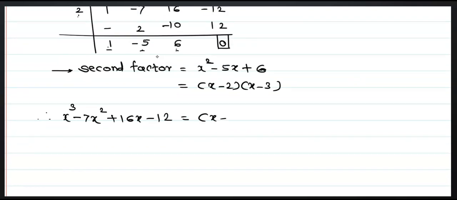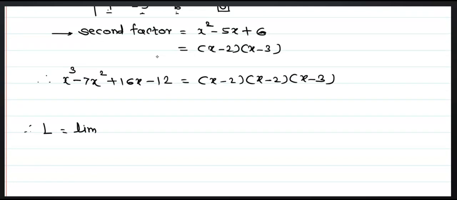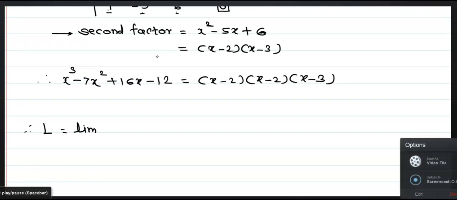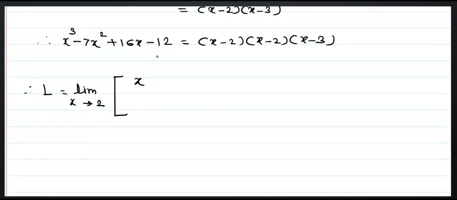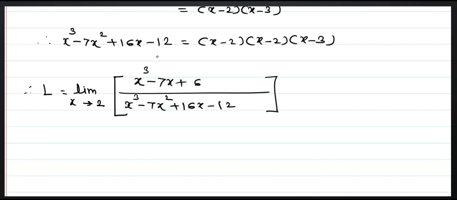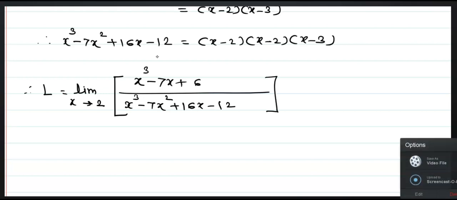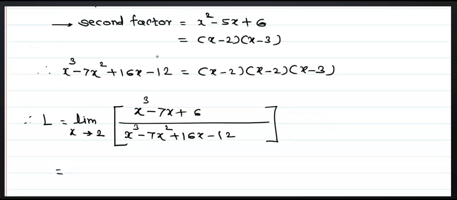Therefore, all the factors we can write down now. The limit x tends to 2, x cube minus 7x plus 6 upon x cube minus 7x square plus 16x minus 12. Now, substitute the factors.